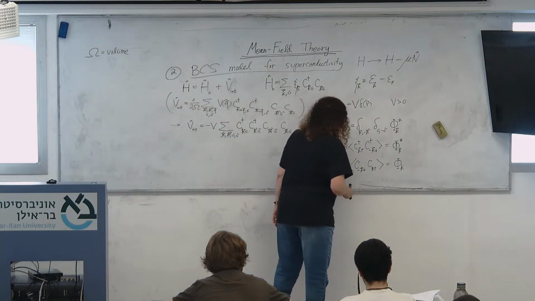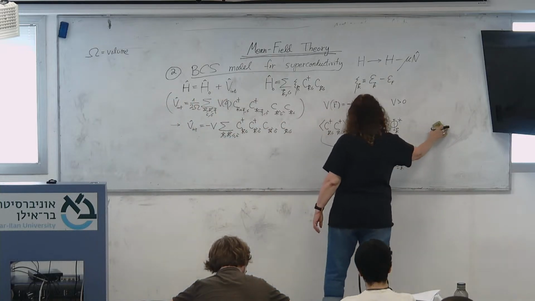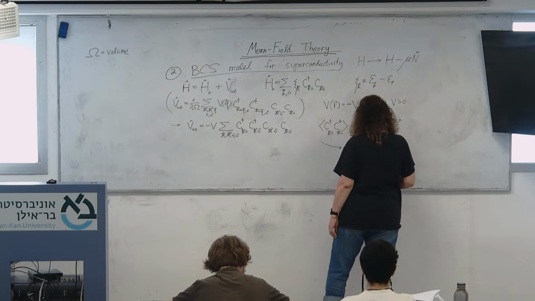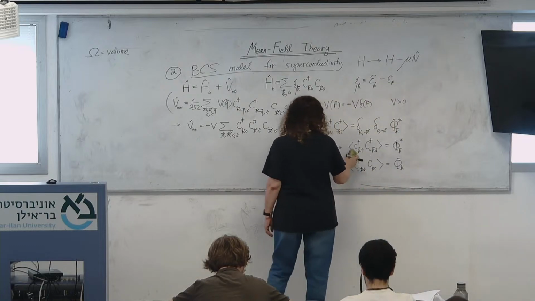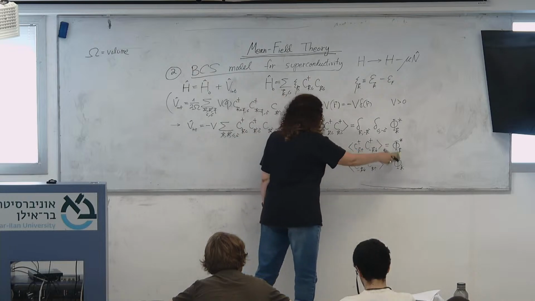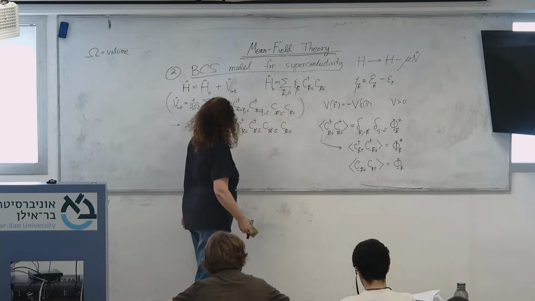Now let me rewrite the Hamiltonian, assuming that these phi's are not zero.